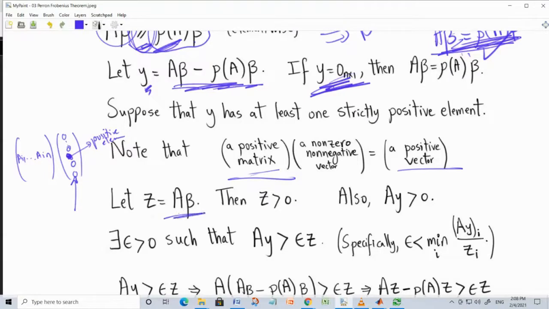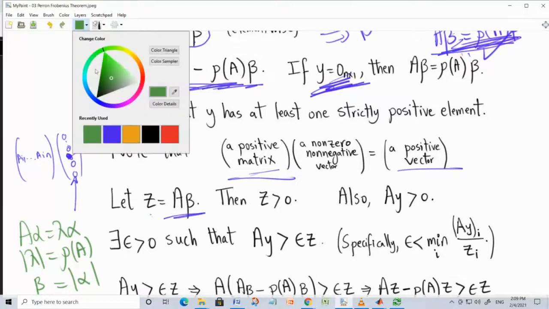Define Z to be equal to A beta. Just to recap, we started with A alpha equal to lambda alpha, where lambda is an eigenvalue such that the magnitude of lambda is equal to the spectral radius of A. Then we defined vector beta to be the magnitude of alpha elementwise.